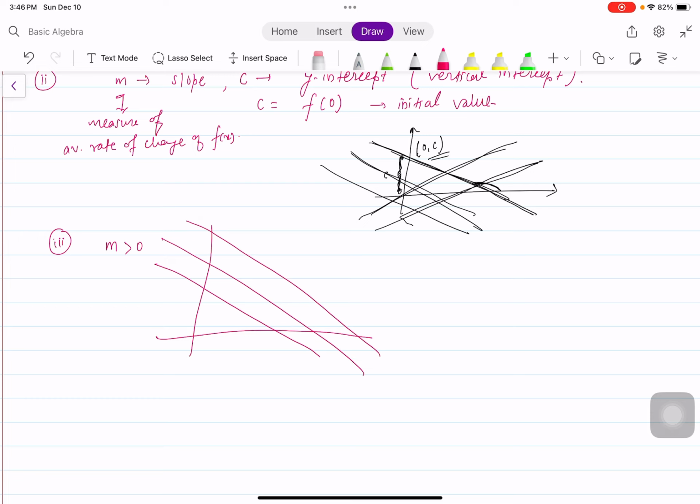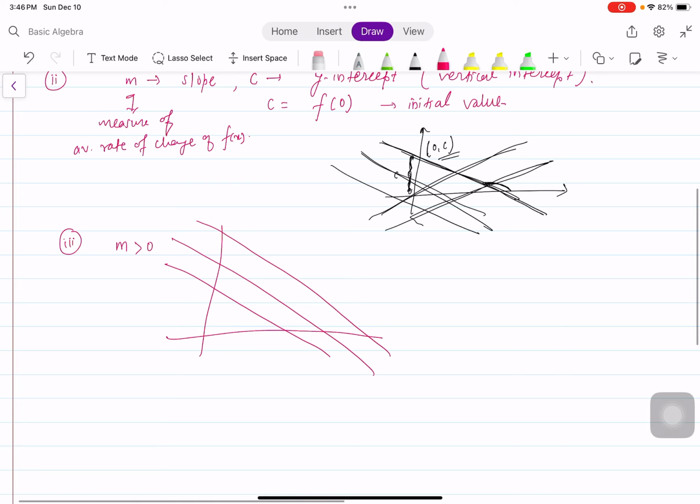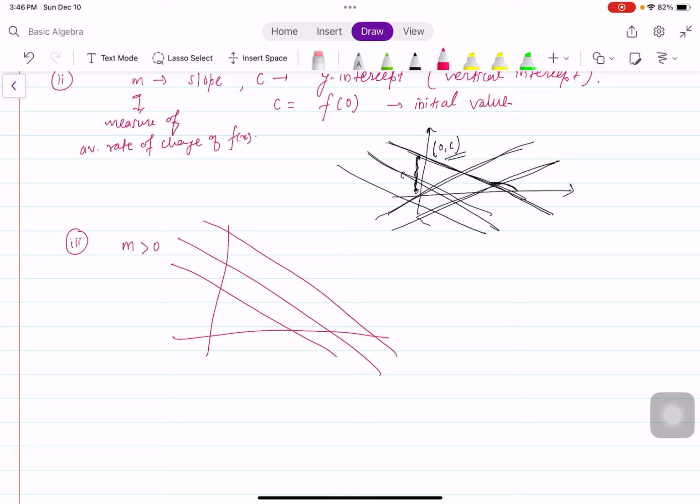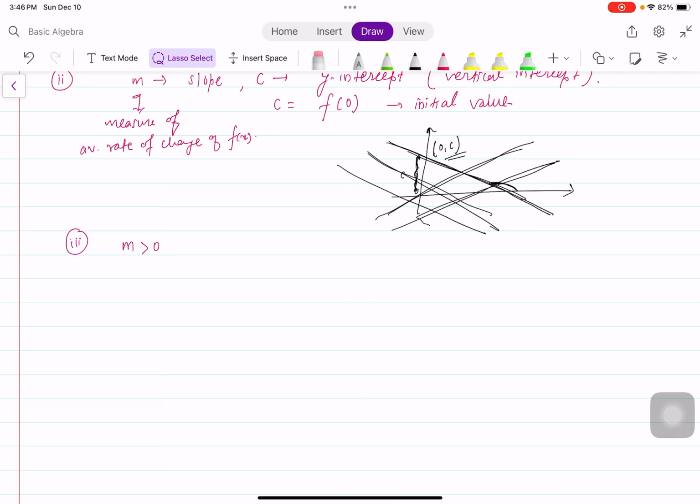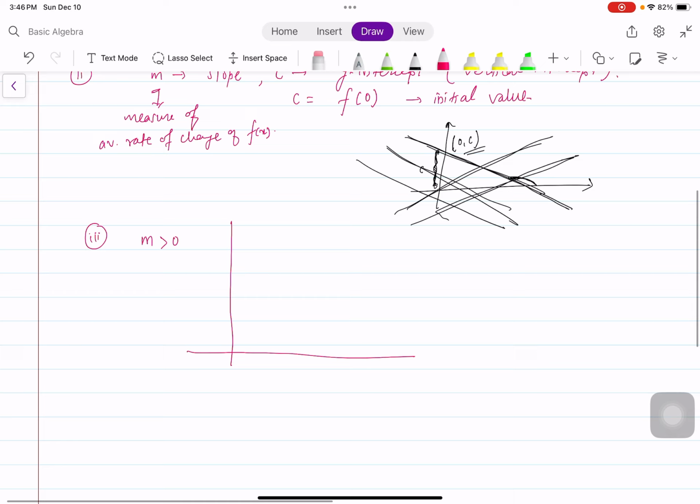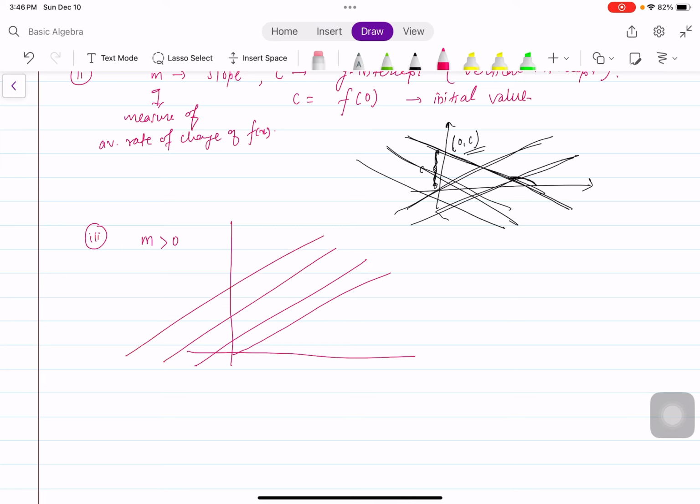Sorry, I misdrew these lines, let me redraw it. So if your m value is positive, it means rise over run is positive, and this always represents this type of line.